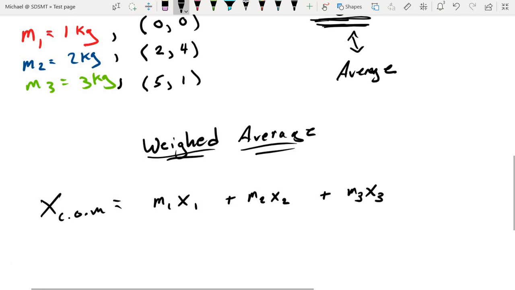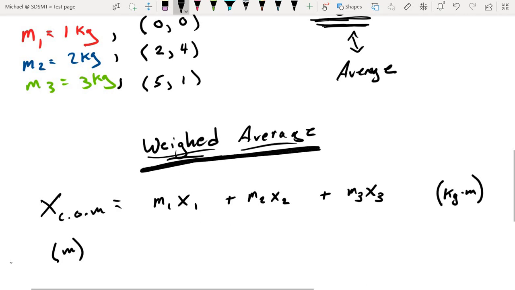But now if we look at the units, all the units on the right-hand side are a combination of kilogram and meters. And I just want a location. I just want meters for the final answer. And so the last step in the weighted average process is that I need to weigh the influence of each mass against the total mass of the system.